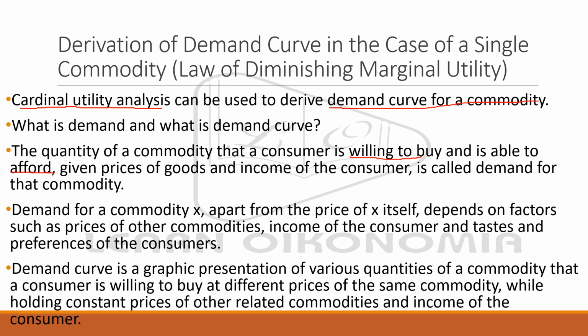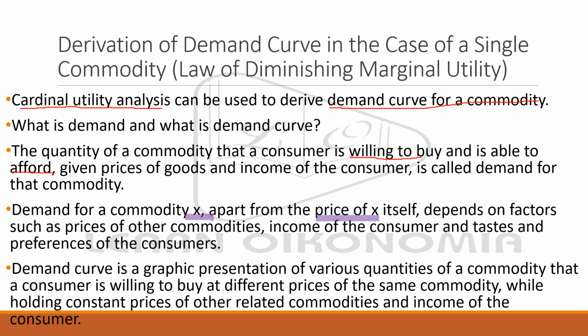So we are considering a commodity, and its name is X. Let's see what will happen here. Since we are purchasing this commodity X from the market, it has something in the name of a price.